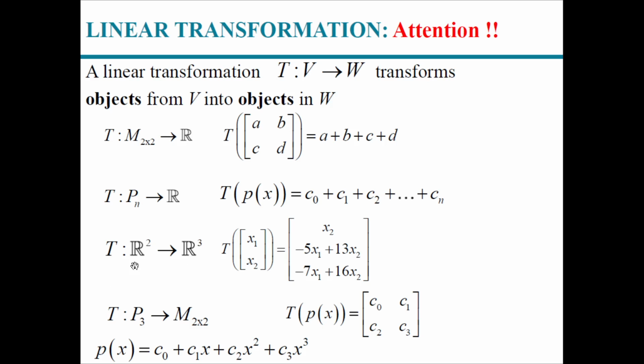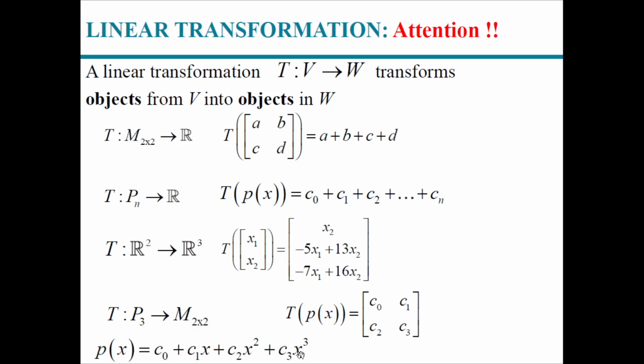In this example here, you have a linear transformation transforming objects which are vectors in R2 into other objects which are vectors in R3. And this is the linear transformation in question. This is an example. Here is another one where we take as domain polynomials of degree 3.